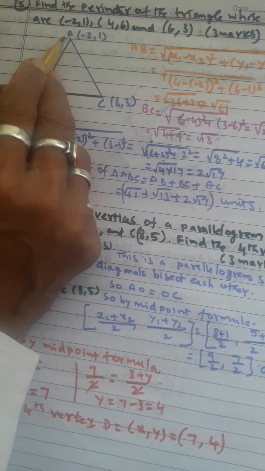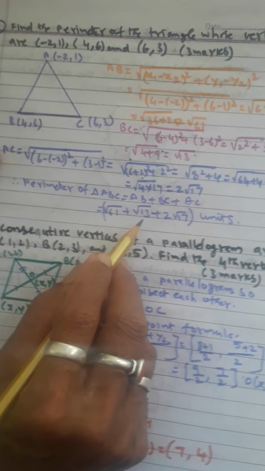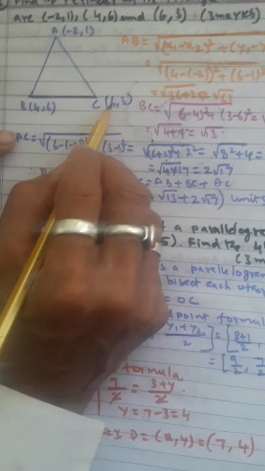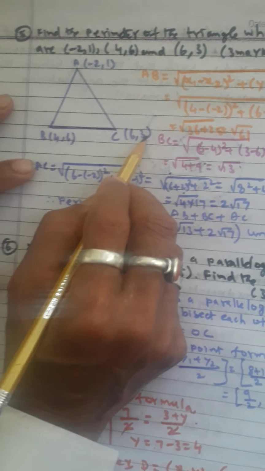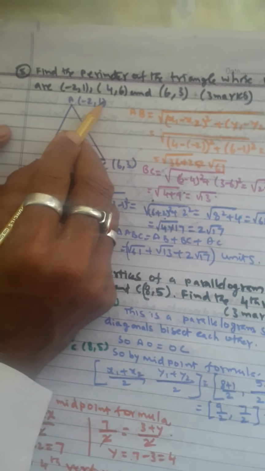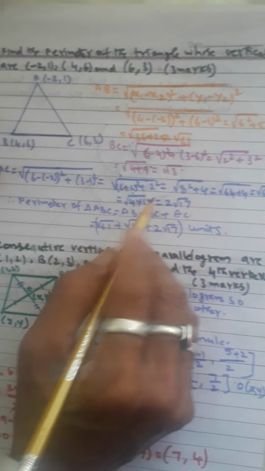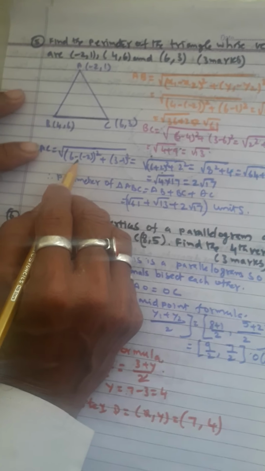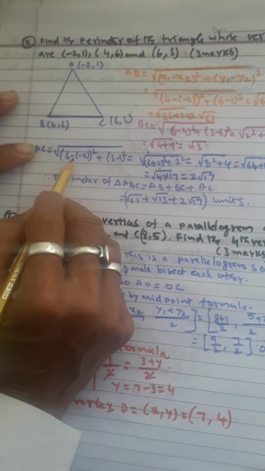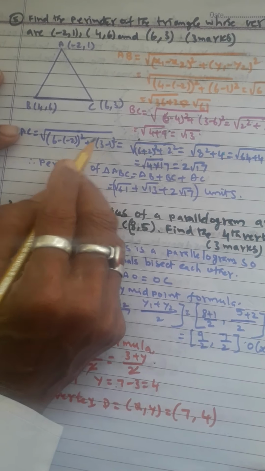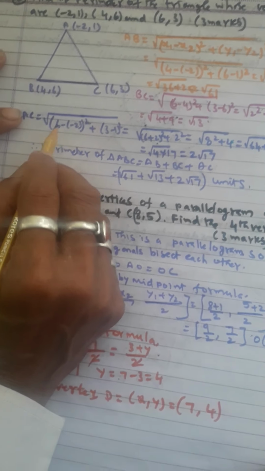Then find the distance for AC also. In the case of AC, I have taken this as x1, this is y1, this is x2, this is y2. Use the same formula and substitute the values accordingly. Because minus is already there, here also minus becomes plus.